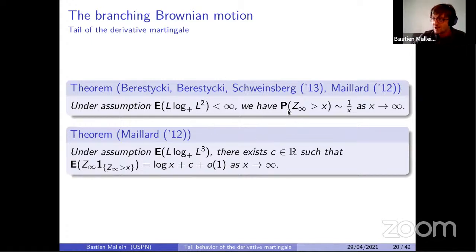So the integral from 0 to x of this quantity does behave like log x, but we don't get the information on this tail exactly. Okay, so what I'm saying is that condition S star, which I will come to a bit later, is the branching random walk equivalent to the condition that the expectation of L log L cubed is finite.